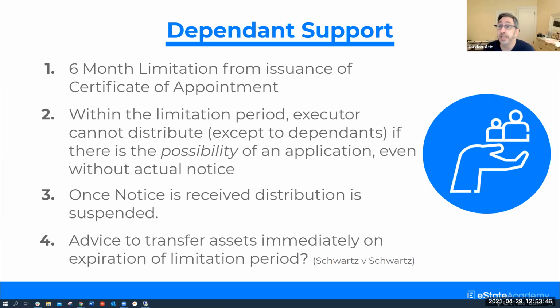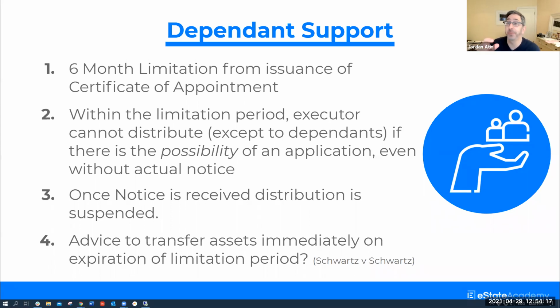So that is important to know. Now, what our Act also says is that once an executor receives notice of an application, there is a statutory suspension of distribution, except for the support of dependents. But that's after actual notice of an application is served.